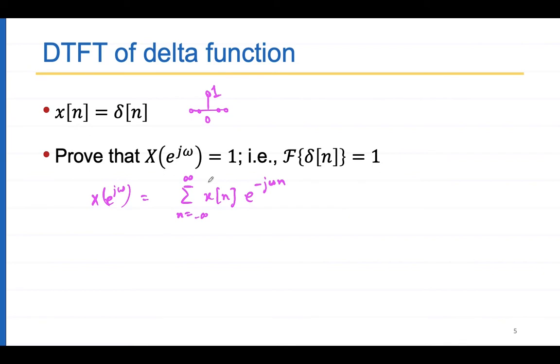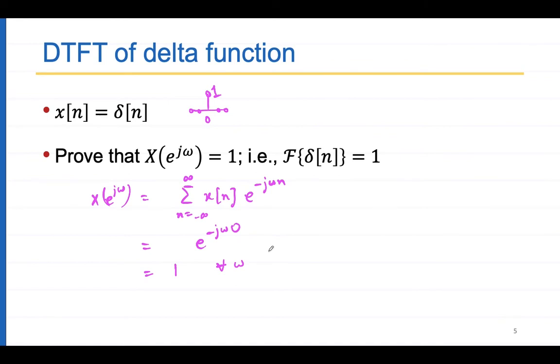Now let us substitute the value of x[n]. x[n] is 1 only when n equals 0, so it becomes e^(-jω·0), which is equal to 1 for all values of ω.